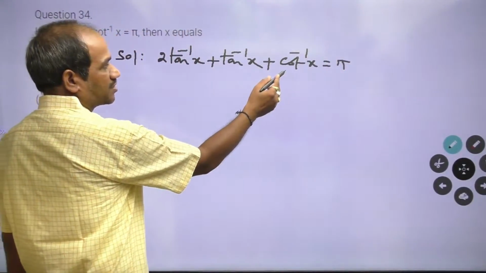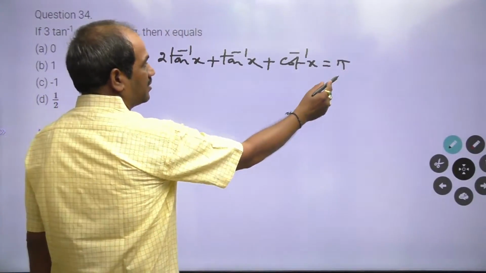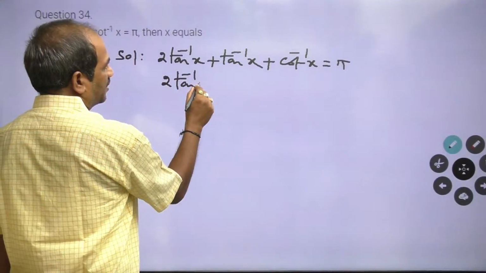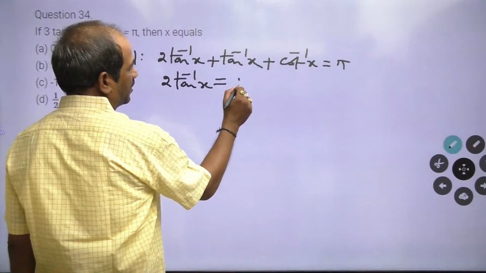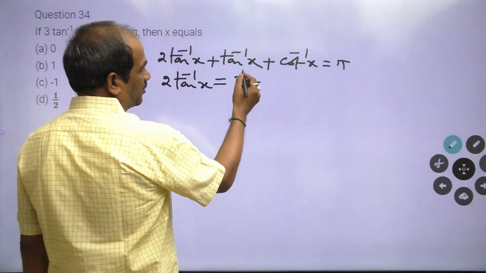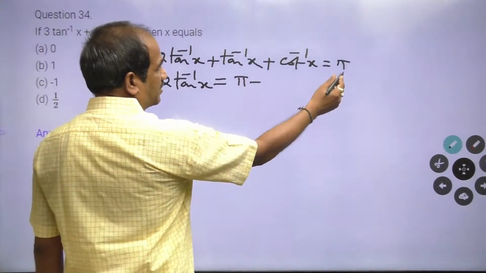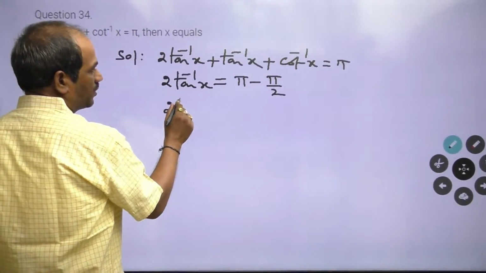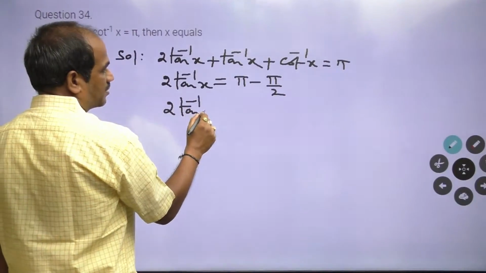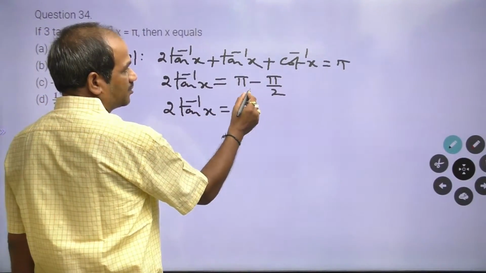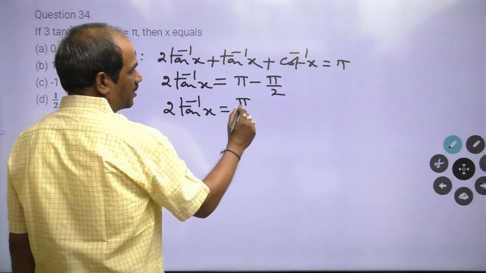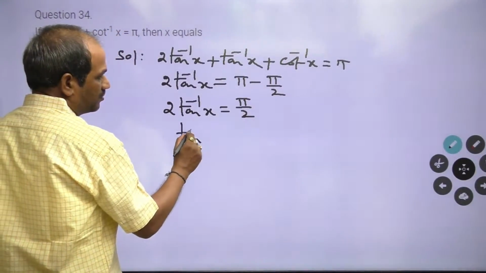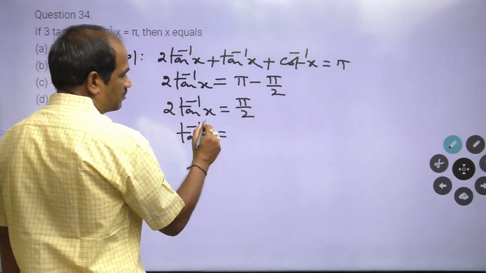Tan inverse x plus cot inverse x has the value pi by 2. So taking it to the other side, 2 tan inverse x is equal to pi minus pi by 2. Taking the LCM, 2 tan inverse x is equal to 2 pi minus pi, that is pi by 2.